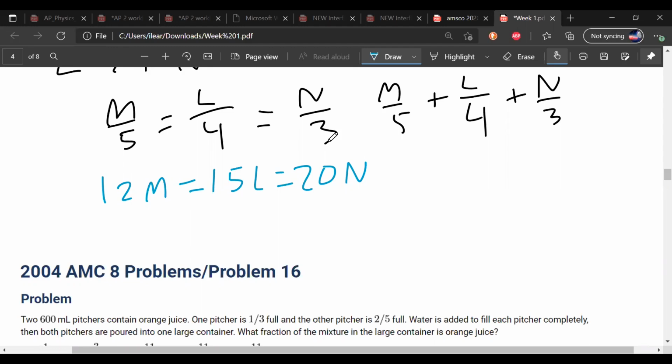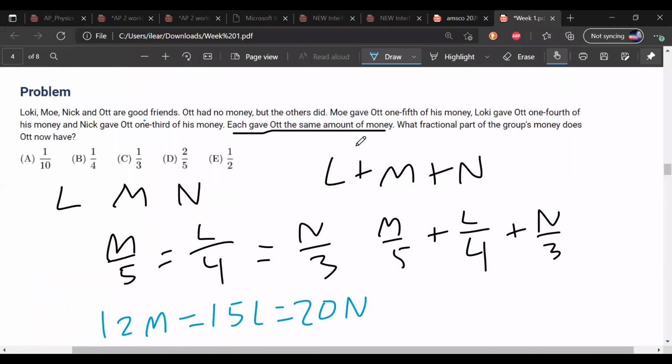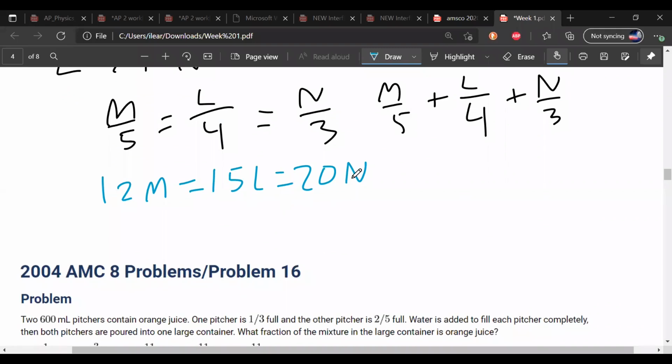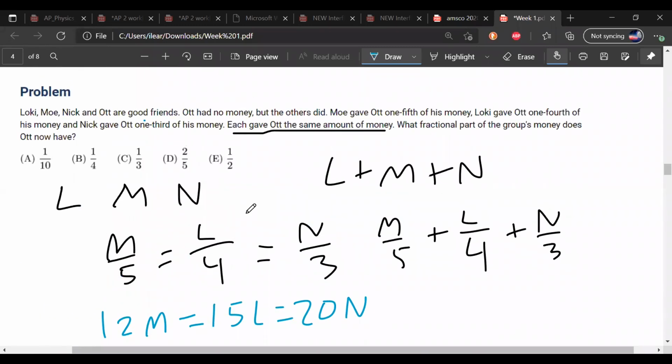So for every M amount of dollars, L would have 15 over 12M, and Nick would have 20 over 12M. All right, so this is a ratio. And now we know that this is a fraction of the money that Ott has right now. Never mind.